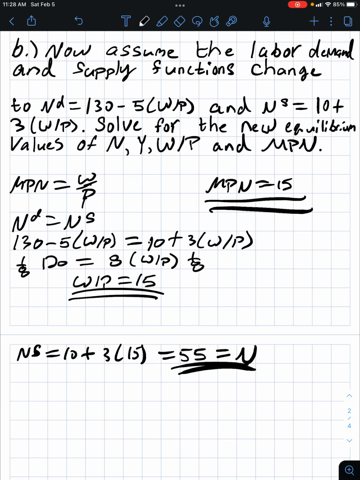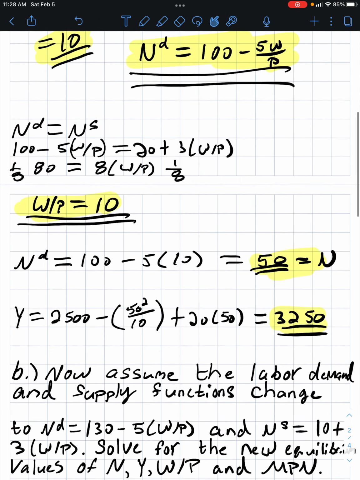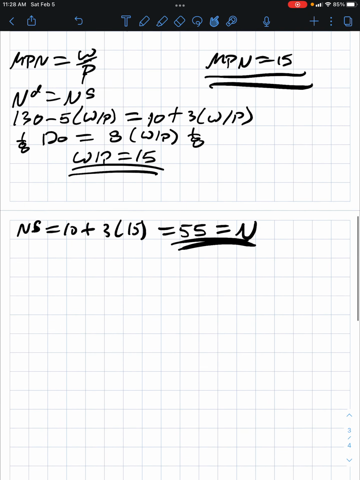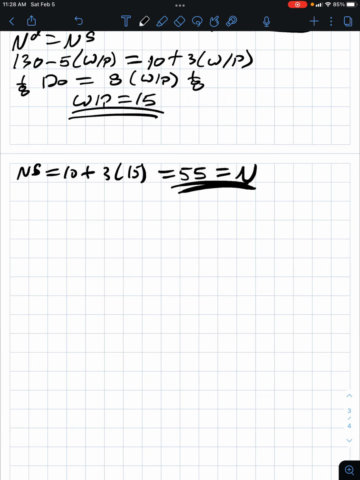And our last value we need to solve for is our Y value. And how do we find our Y value? Well, it's the same Y as for part A. We just get new demand and supply functions.